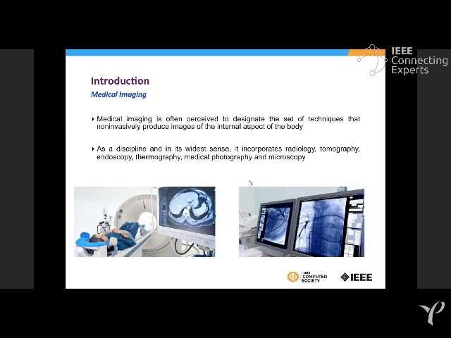We have endoscopy, thermography, and also microscopy images and medical photography. I have only discussed some of the imaging forms; there are more. Each of the imaging forms requires a different type of setup, a different analysis procedure, and a different type of medical inference we can draw from the images.